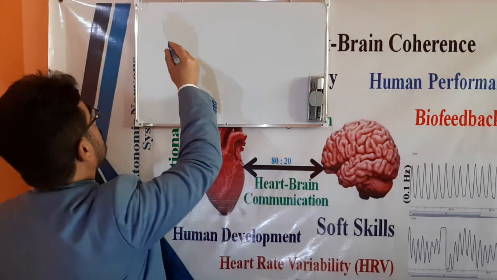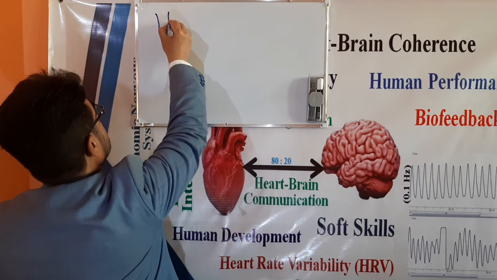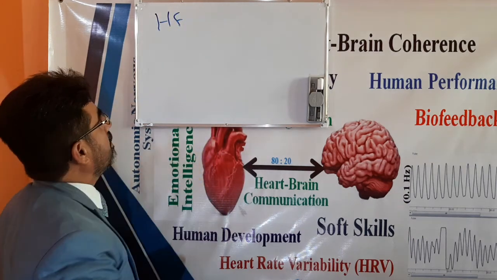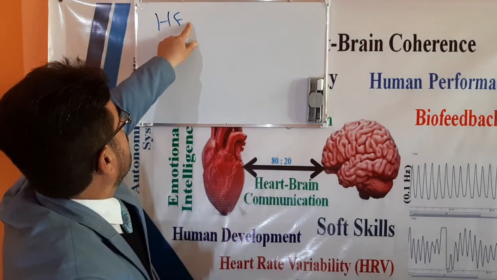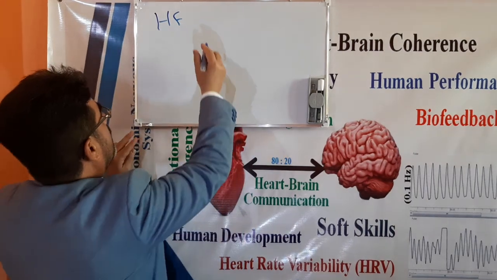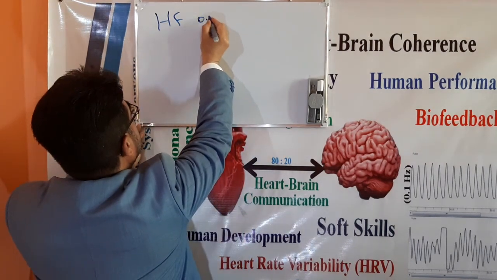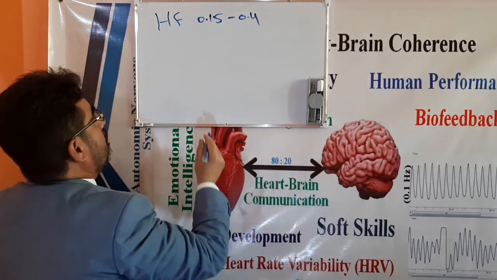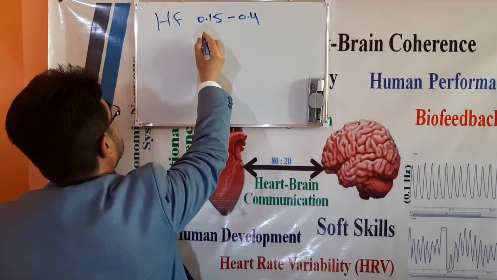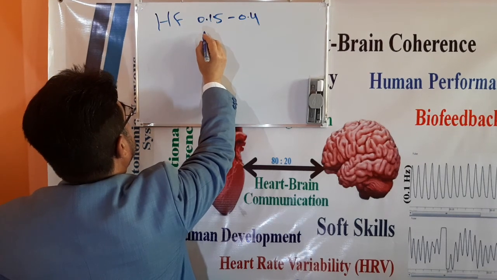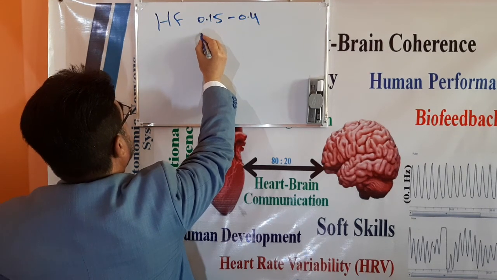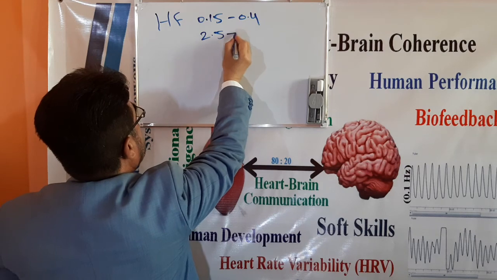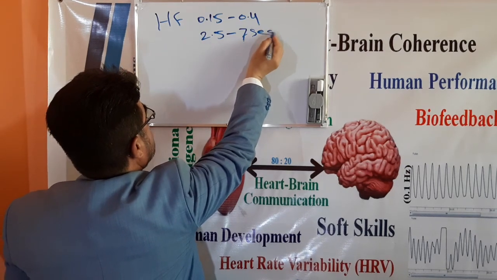We start from the high frequency. High frequency includes the frequency score of 0.15 up to 0.4, and it occurs at the timing level of 2.5 up to 7 seconds.